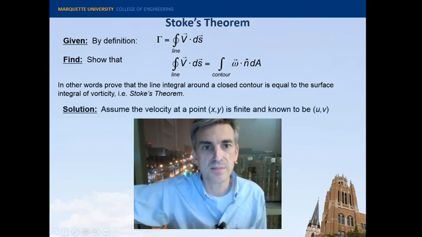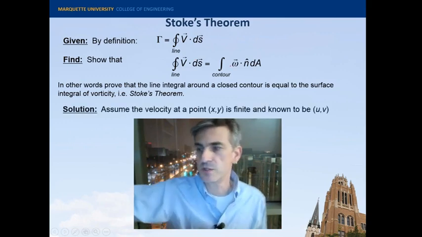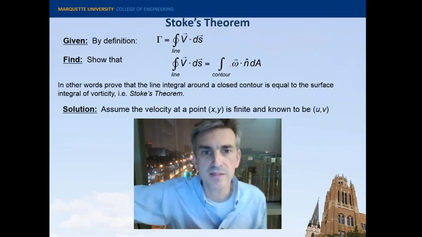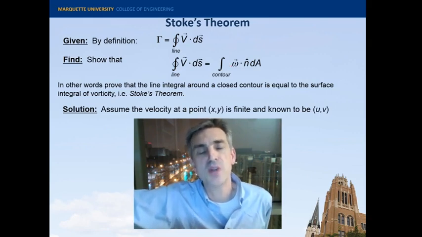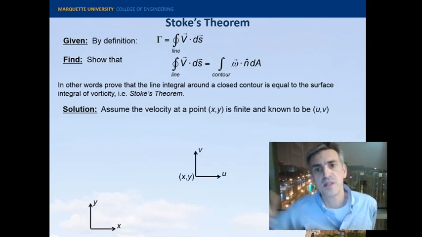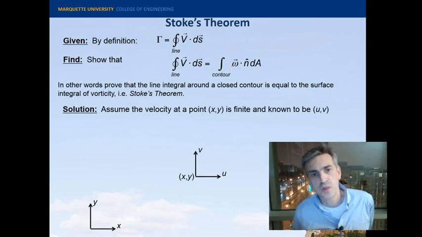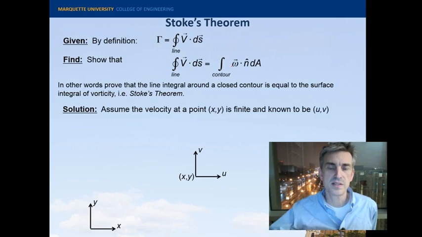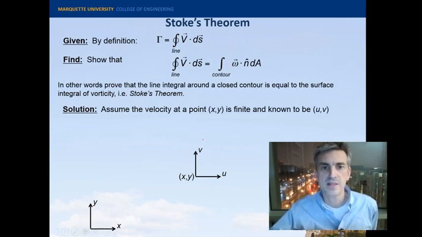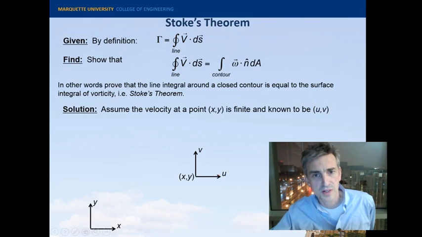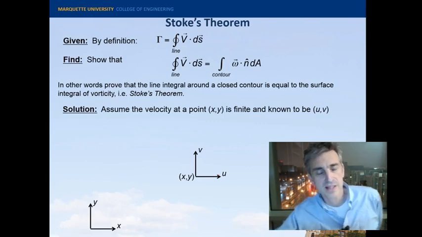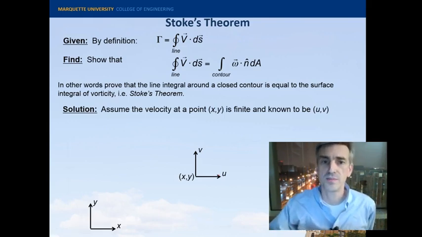So let's start by assuming that the velocity at any point x, y is finite and it's known, and it has components u and v. So this is our coordinate system, and then you can see that it has scalar velocity u in the x direction and scalar velocity v in the y direction.